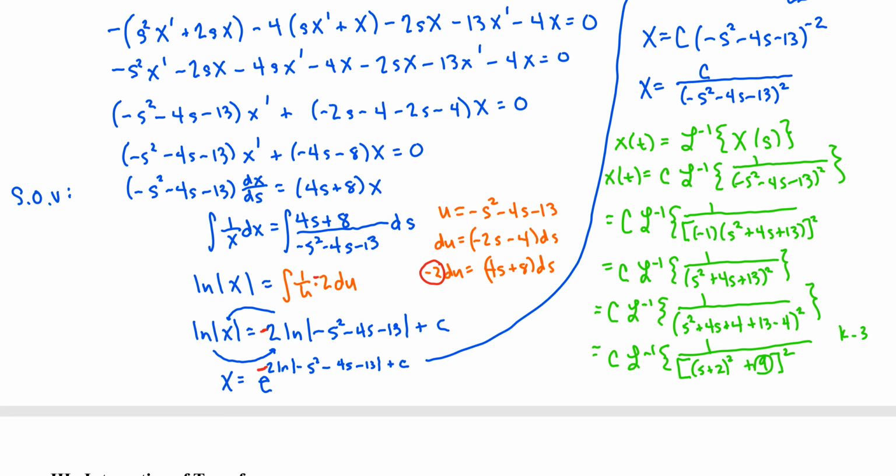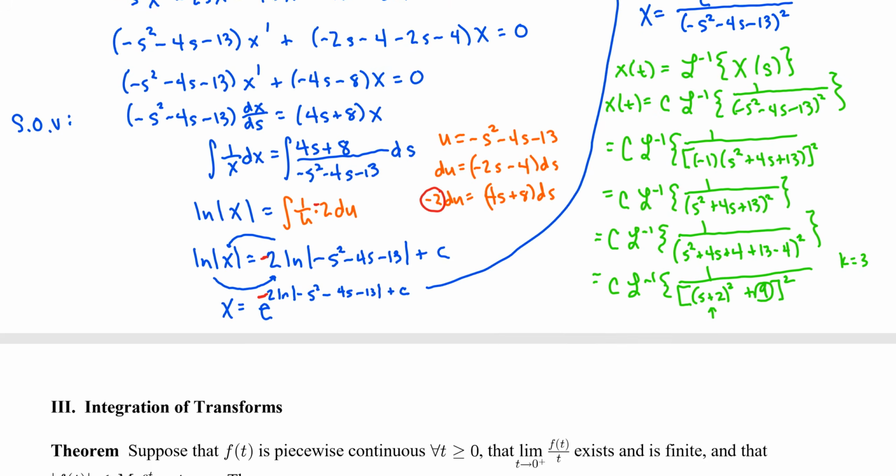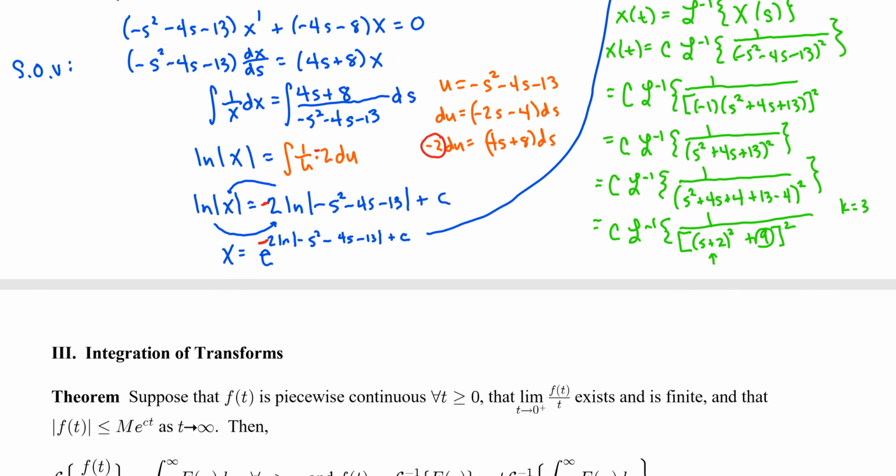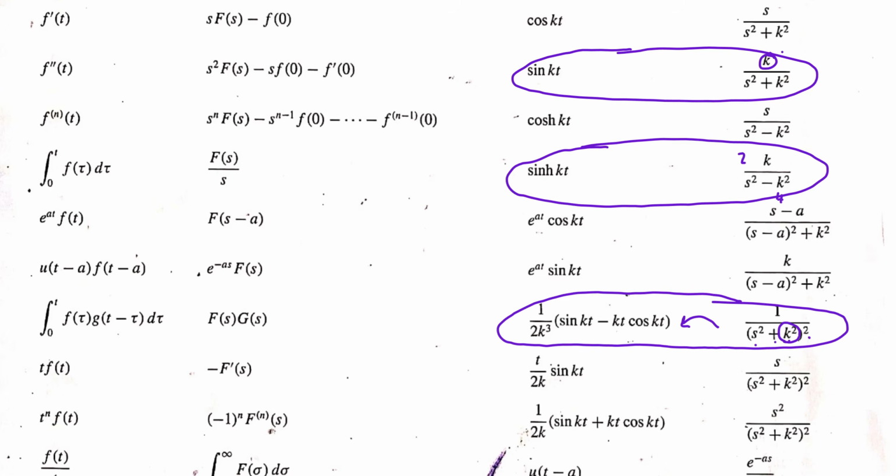Okay? The second thing that we need to be aware of is we have a translation on the s-axis. So this is going to cause that factor e to the at in our inverse transform. So continuing, our inverse transform is going to start with the c, then we're going to have the presence of e to the negative 2t. That's because of the translation. And once we take care of that translation, then the inverse transform comes directly from the table.